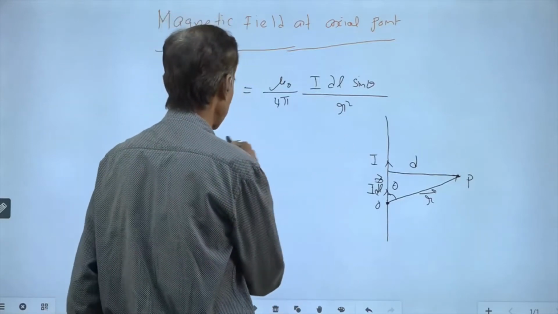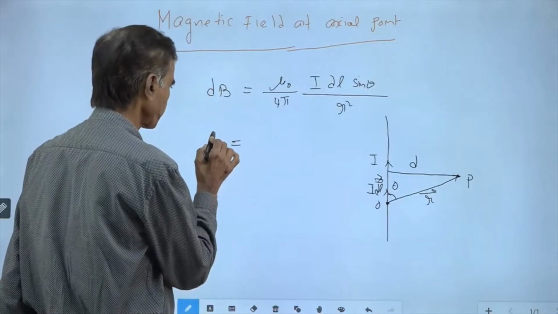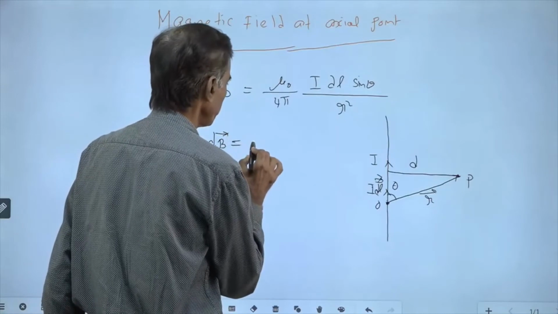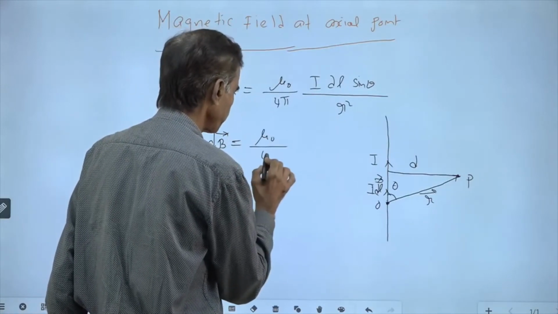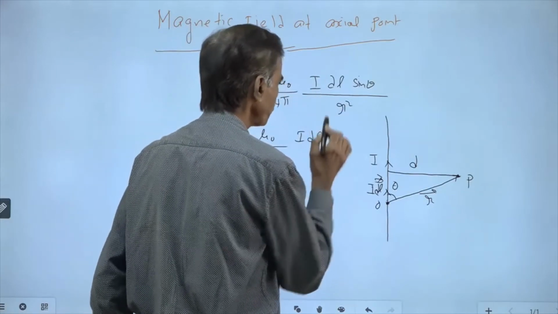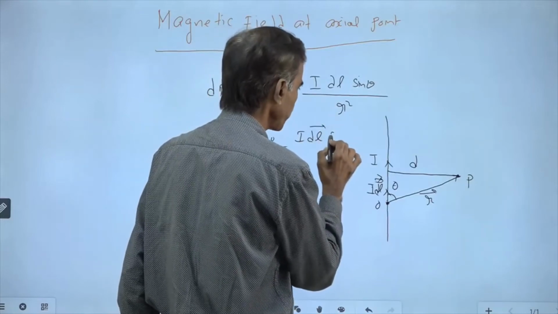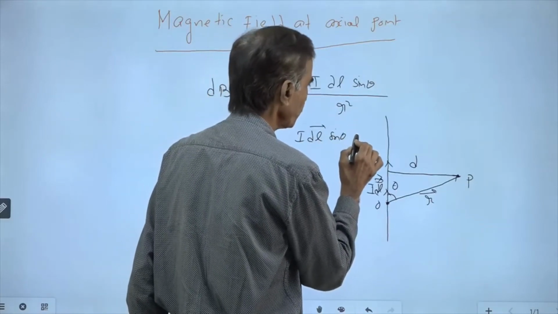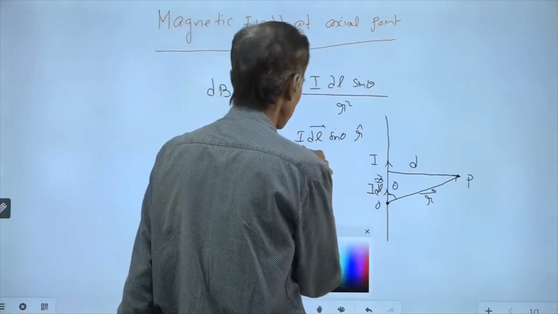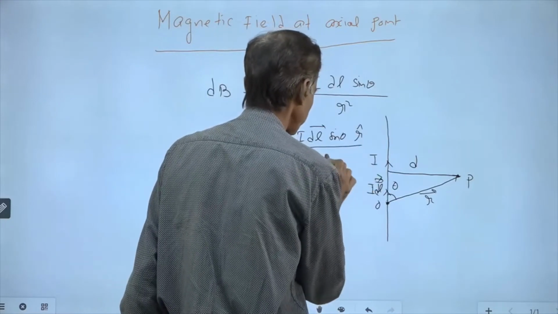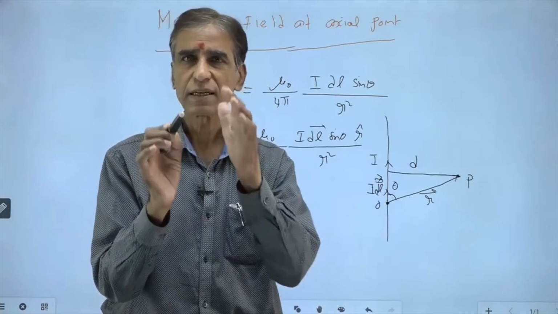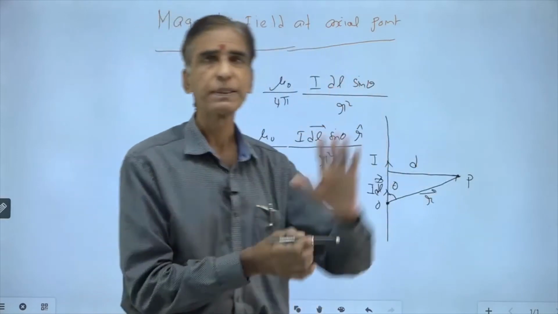Therefore, we will write dB vector is equal to mu naught by 4 pi into I dl vector into sine theta into R unit vector, divided by R square. That R unit vector will indicate the direction of the magnetic field at the point P.